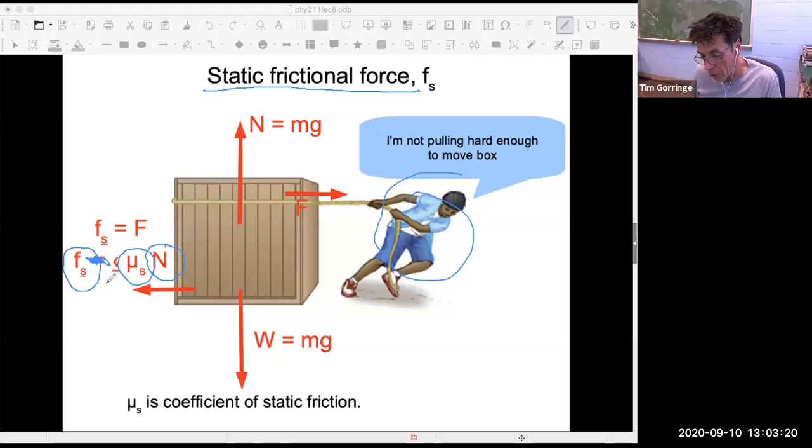And the harder I pull towards the right, the harder the frictional force resists towards the left until you reach this maximum value. Once you reach or exceed that maximum value, the crate would start to move or slide. So that's a limit on the static frictional force. It can be anywhere between 0 and this maximum value of the coefficient of static friction times the normal force.